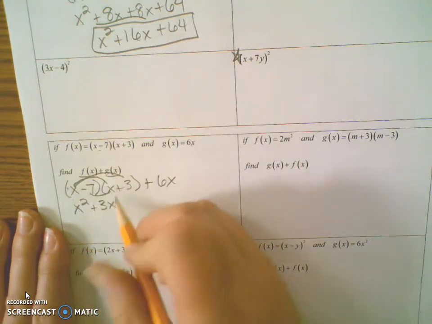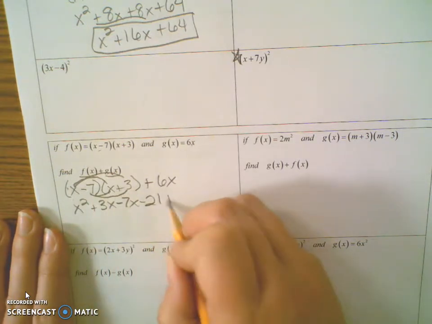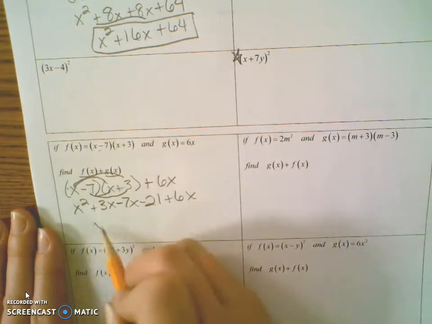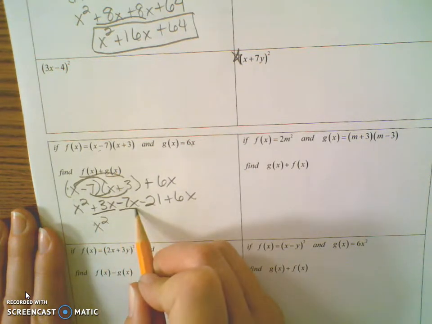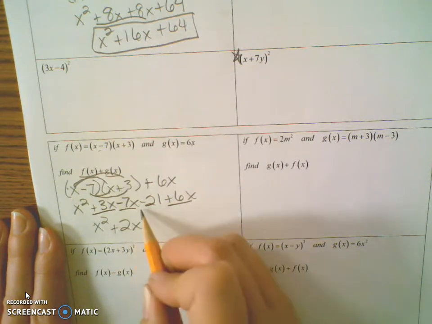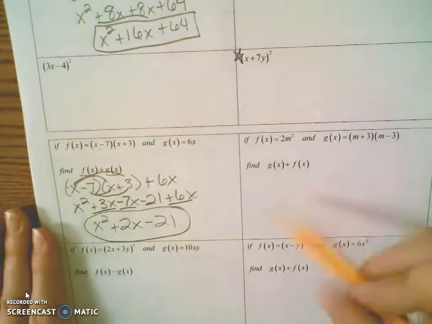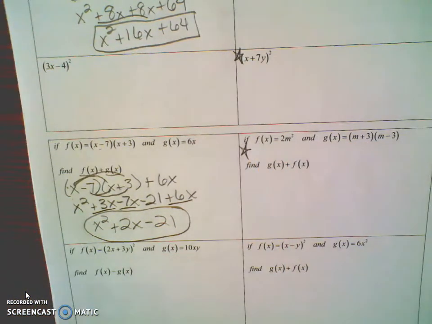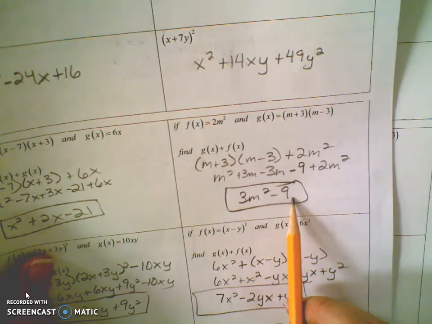Negative 7 times x is negative 7x, and then negative 7 times 3 is minus 21 plus 6x. So I have x squared. Positive 3x minus 7x is negative 4x plus 6x is positive 2x, and then minus 21. Okay, you try this one, and then the answer for that one ends up being 3m squared minus 9.